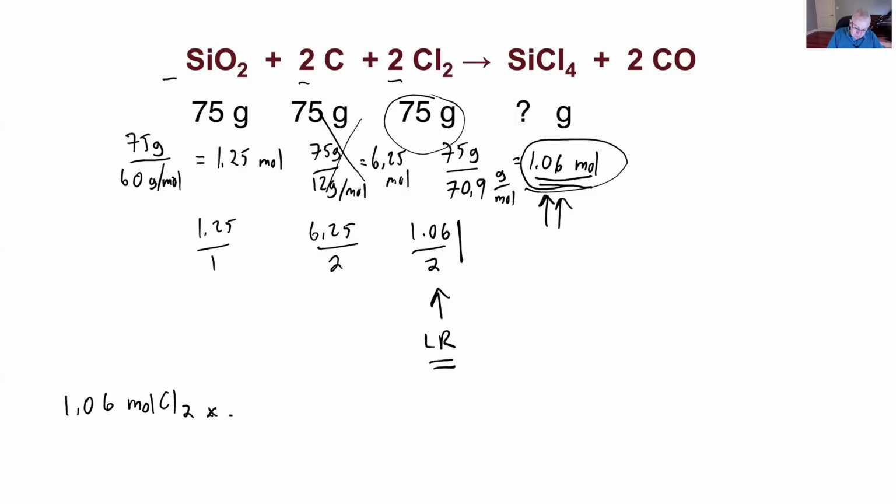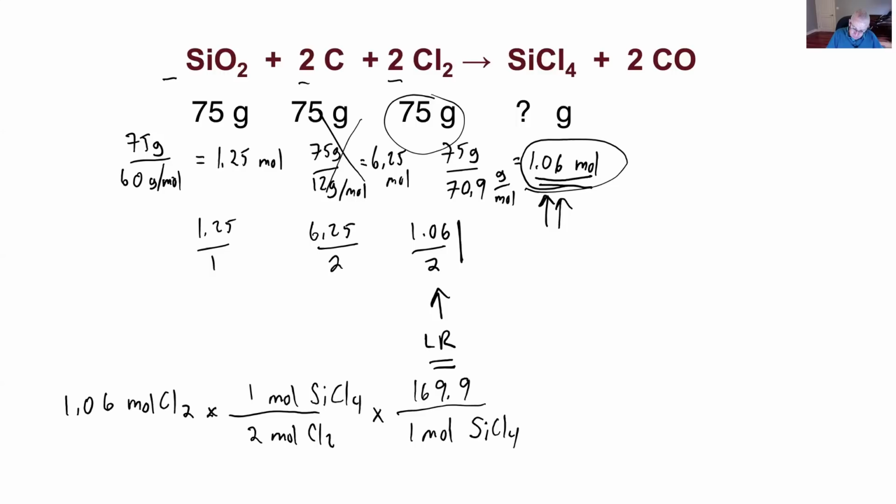Then I get a mole ratio which says 2 moles of Cl2 make 1 mole of SiCl4. And then I get a step that says 1 mole of SiCl4 is equal to about 169.9 grams. And my notes say that gets me about 85.4 grams of my SiCl4 product.